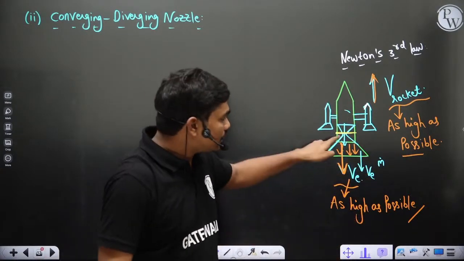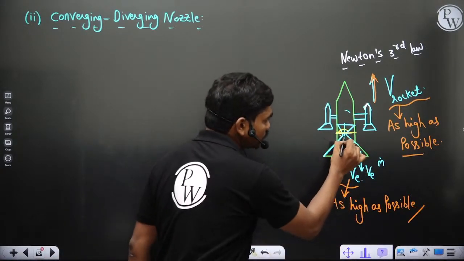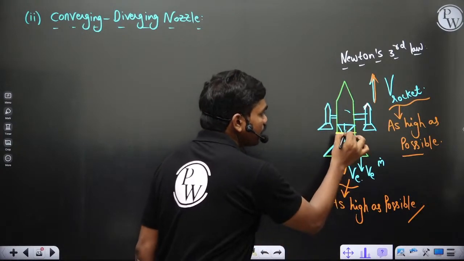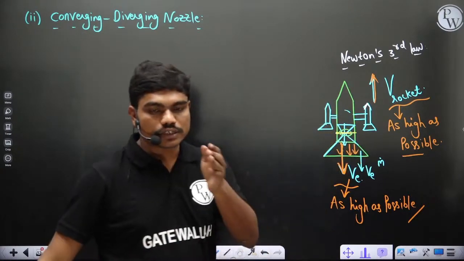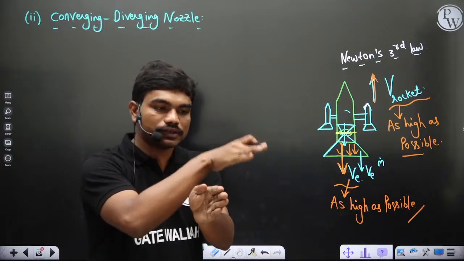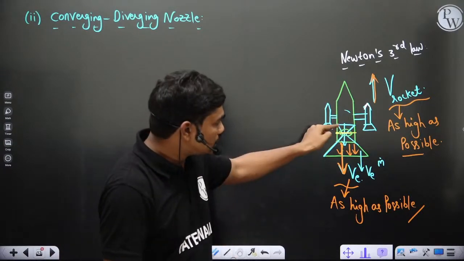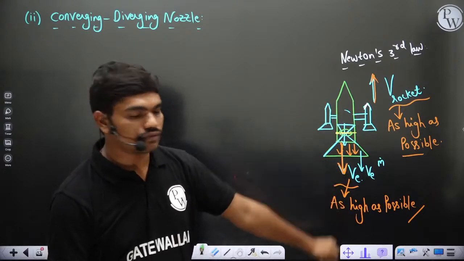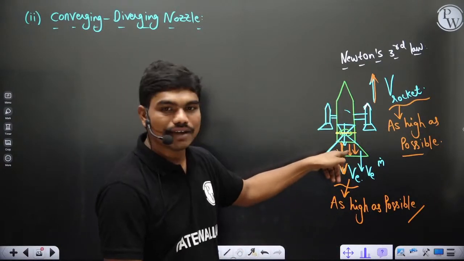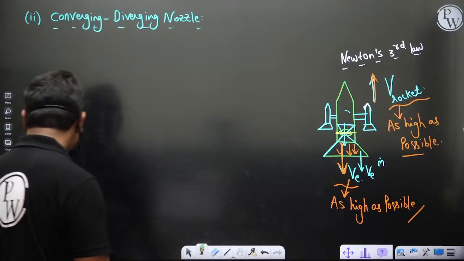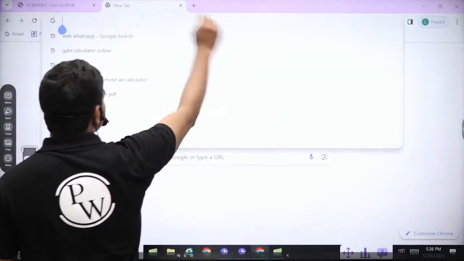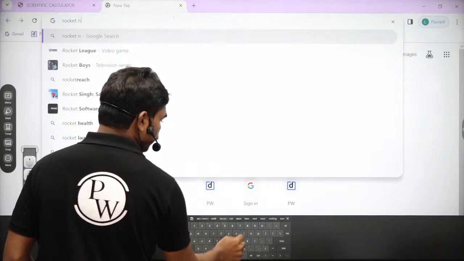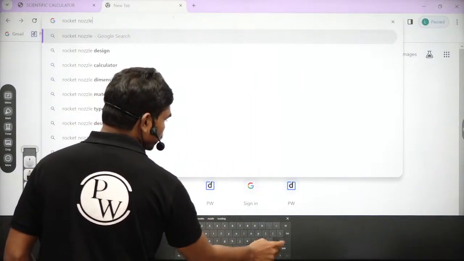The study of this throat is very important, but right now, if you neglect the small mechanics here, the throat is the location where the flow transforms from subsonic to supersonic. Once it enters the supersonic regime, if you still want to accelerate the flow further, then definitely your nozzle has to be diverging. That's why, if you look at a rocket nozzle, it is a converging-diverging nozzle. I'll just show you this diagram.